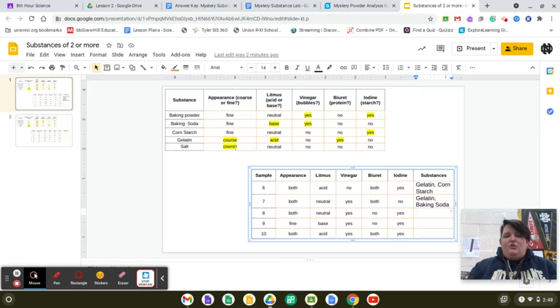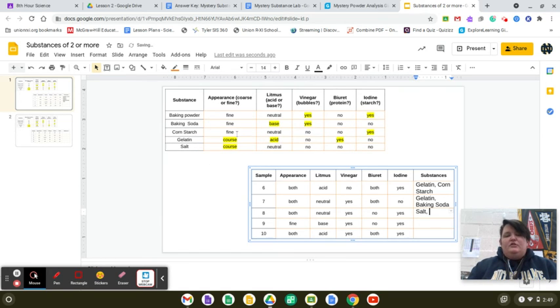This neutral is coarse. So since it's the only coarse that is also neutral, we know that one of our two materials has got to be salt because we need it to be neutral. We need it to be coarse. So it's got to be salt. Okay, because the other coarse is acid. And that's not going to work. So salt is our first substance.